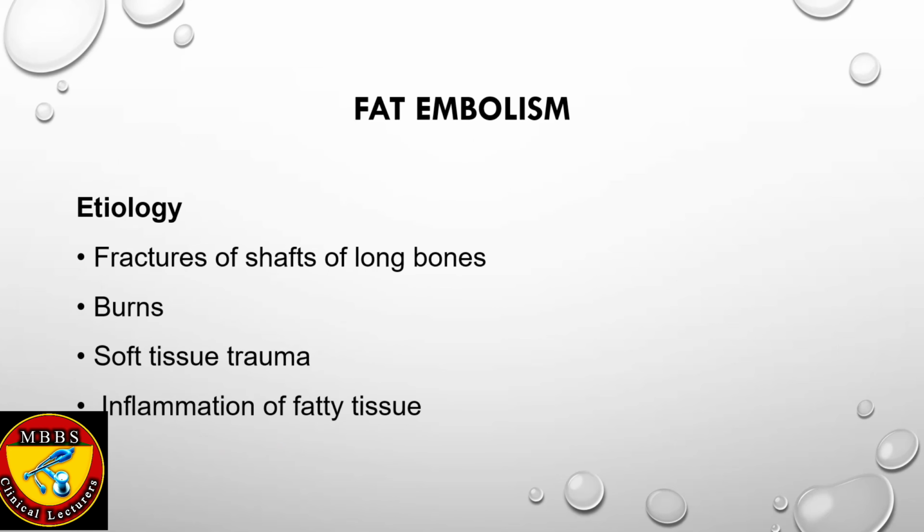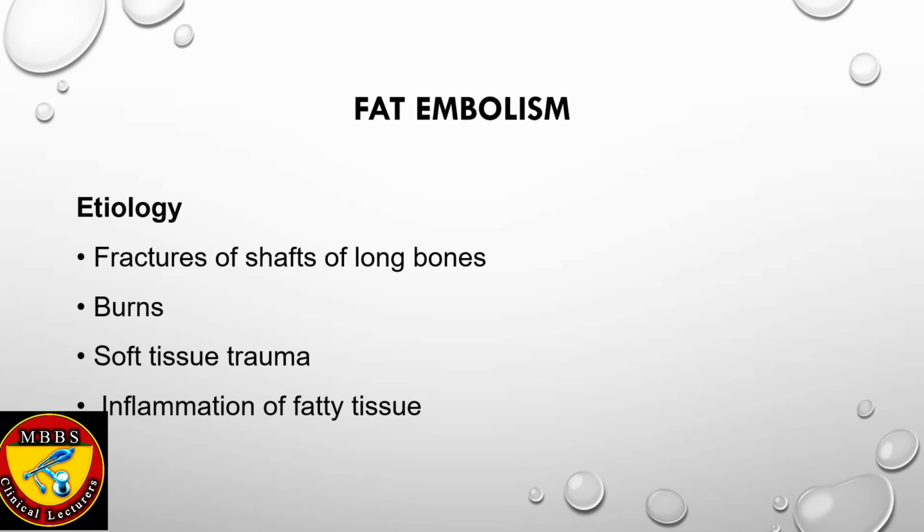Now coming to fat embolism. Fat embolism can be found in pulmonary vasculature. They can develop from fractures of the shafts of long bones, burns, soft tissue trauma, or inflammation of fatty tissues.